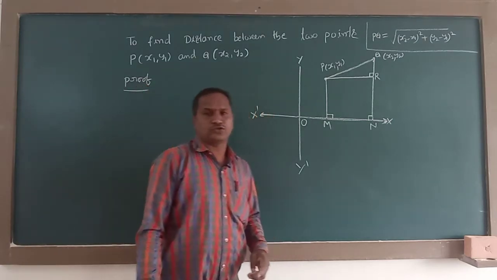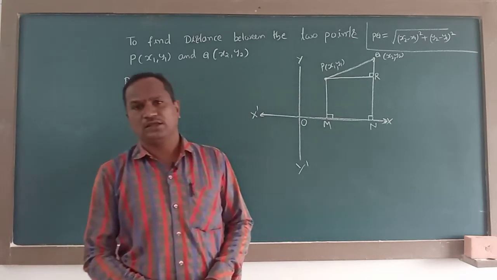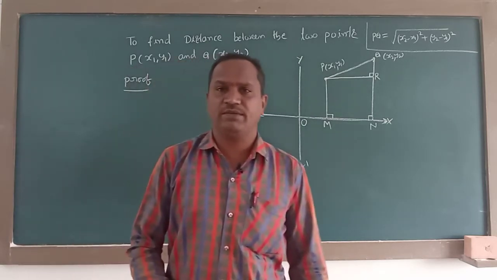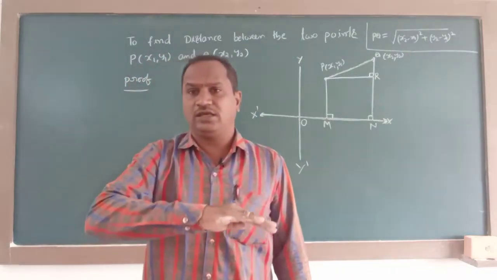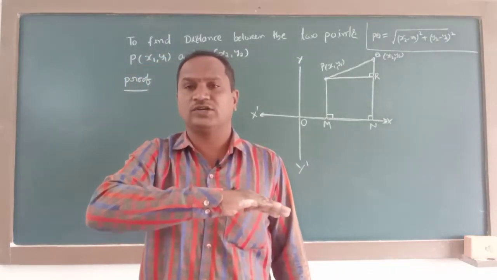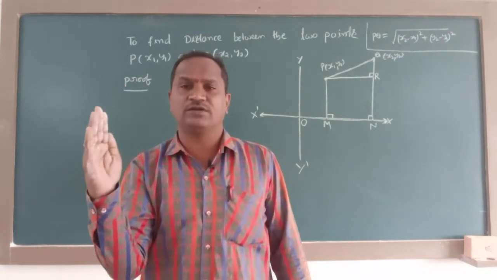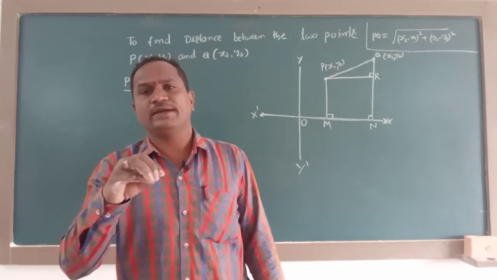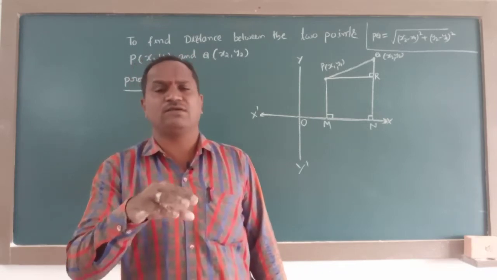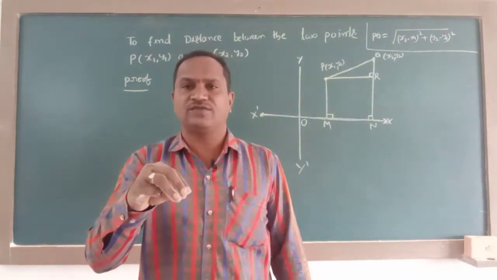Already I told in the basics of analytical geometry, for any point (x, y), the first coordinate belongs to the horizontal line and the second coordinate y belongs to the vertical line. All the distances are measured from the origin only.